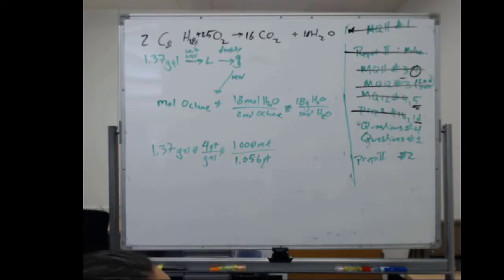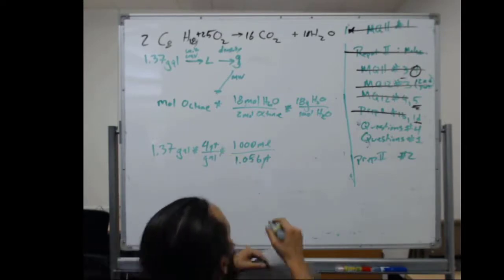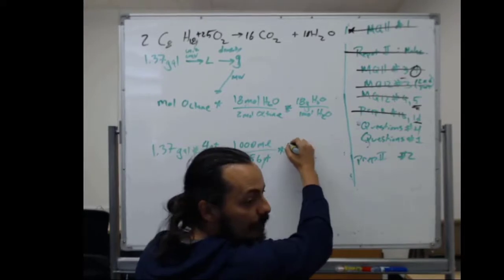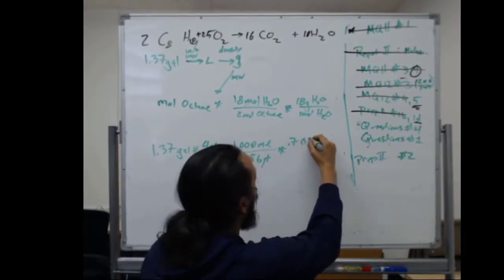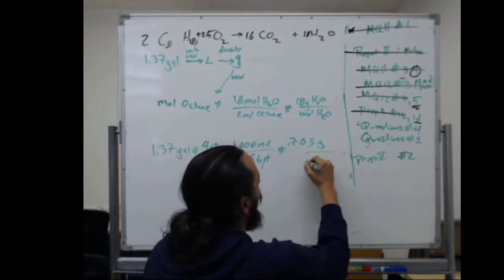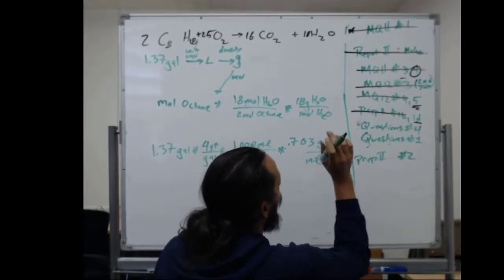Then if I multiply by the density, which is 0.703 grams per milliliter, that should get us to grams.